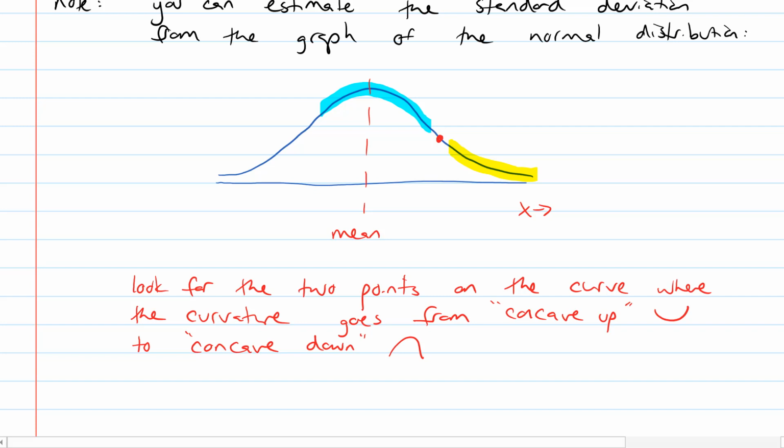And you can see that on the other side, there's similarly a position where it's going from concave down to concave up again. And it turns out that this distance here, let me write a little bit lower so that it's nice and clear, this distance here, and similarly on the other side, is one standard deviation.